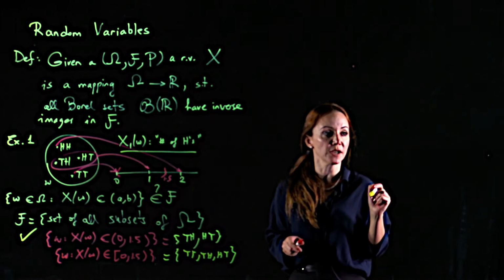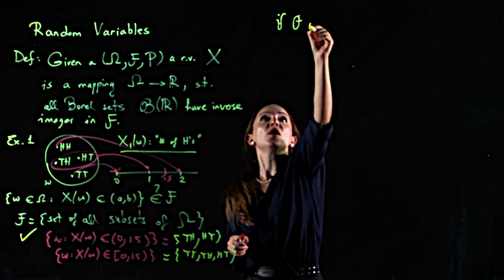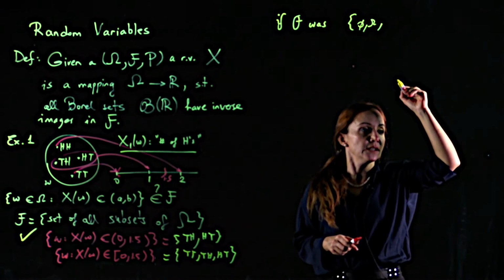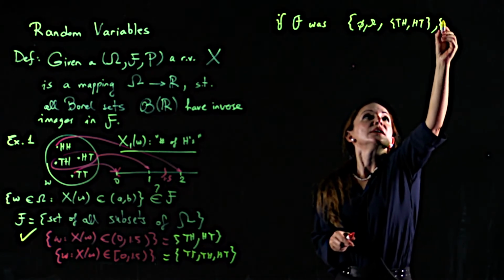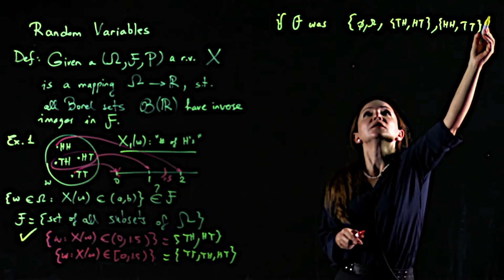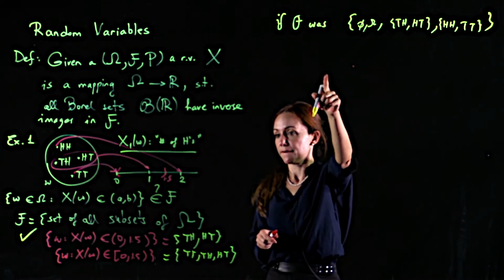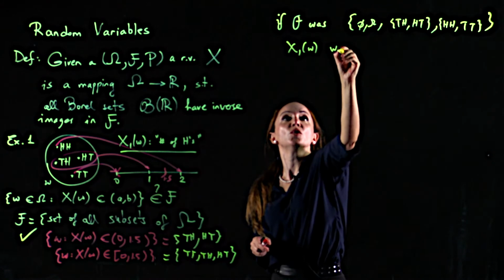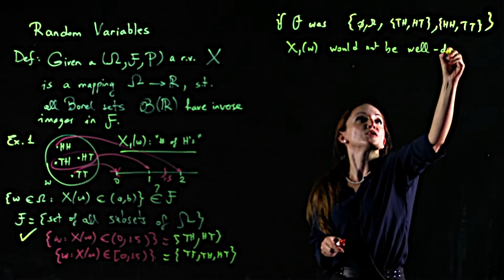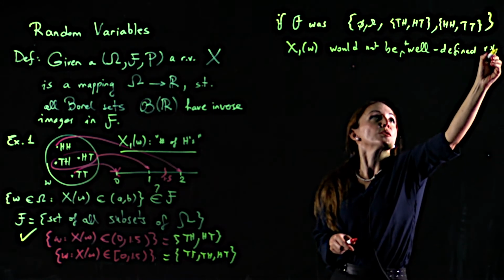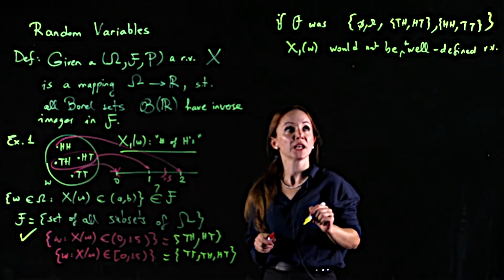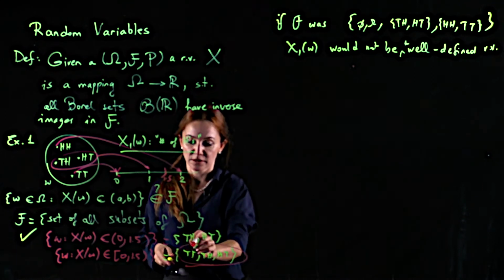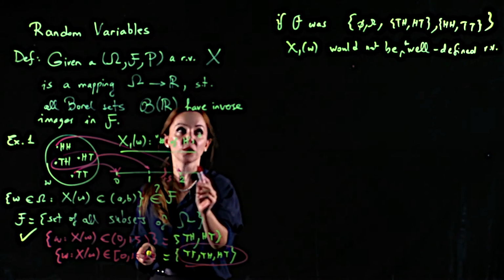However, if F was, for example, the following: empty set, omega, TH, HT, HH, TT, if you remember from the first lecture, then for this sigma algebra, X1 of w would not be a well-defined random variable, because the inverse image of this interval 0 to 1.5 is not included.